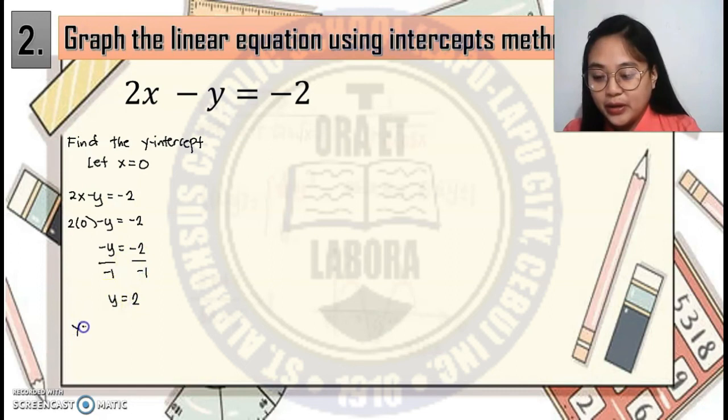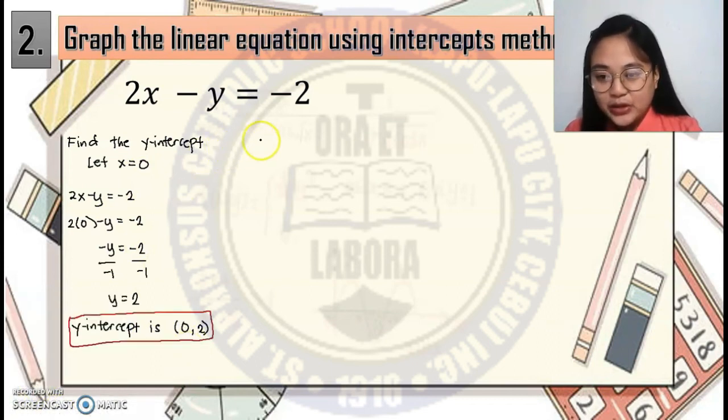Therefore, our y-intercept is (0, 2). And I want you to highlight this answer. Next, we're going to find the x-intercept. Again, in finding the x-intercept, we will let our y be equal to 0.